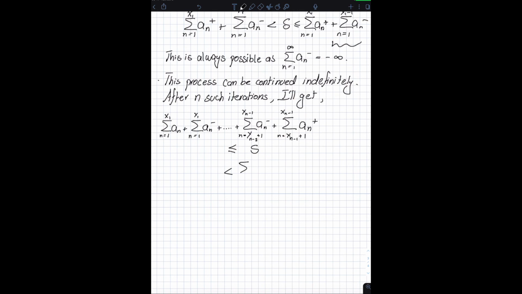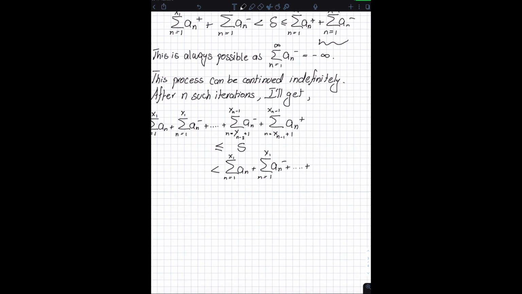It's going to be less than the summation from n equals 1 to x1 of a sub n plus the summation from n equals 1 to y1 of a sub n negative plus so on all the way up to, well, this is going to remain the same. I'm going to get the summation from n equals x of n minus 1 plus 1 all the way up to x of n of a sub n plus.